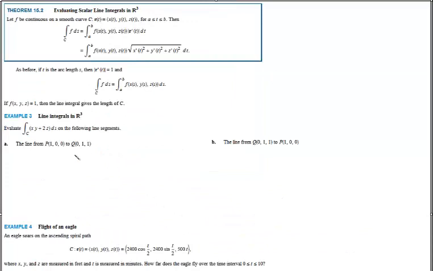Alright, we're going to do this in 3 space now, and first up I have to write the parametric description of the line from P to Q. This is taking me back a little bit. R of t is going to be, choose my starting point here, and then how do I get to this point Q, which is 0 there, so this would be a -1. Oops, I need a t here.